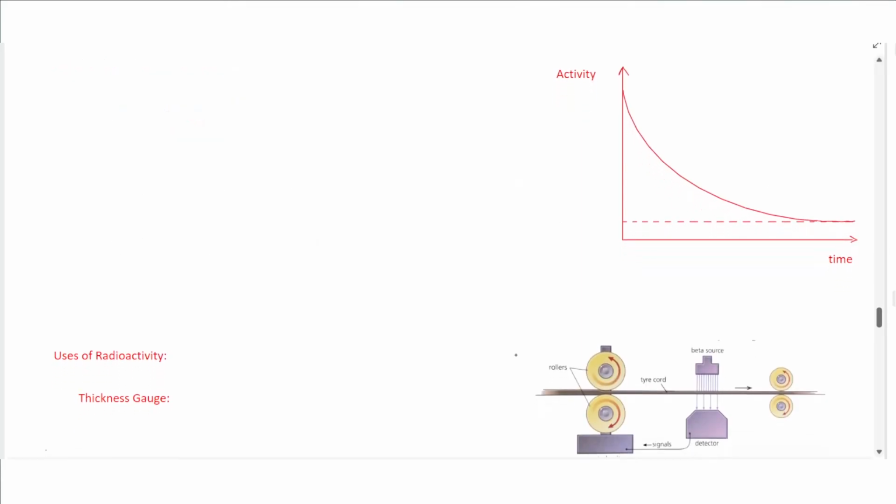Now, if you get a graph that does not keep decreasing on the activity axis or the count rate axis, and it becomes horizontal eventually, this means that this level is the background radiation and this graph is not corrected for background. So the first step, you get the initial activity and you subtract the background, which is the horizontal level.